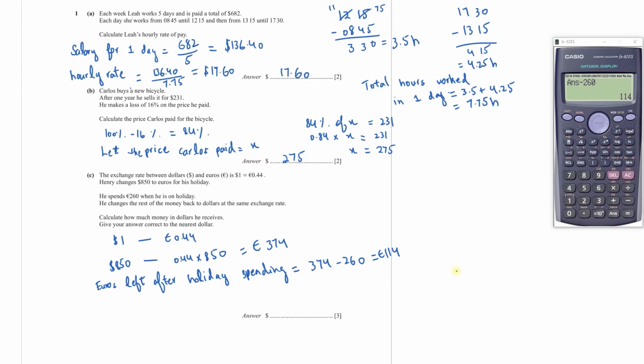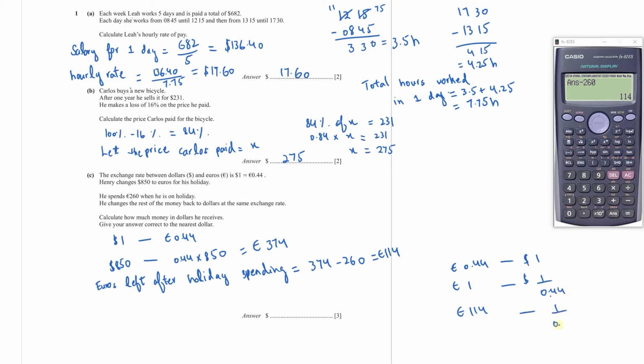So you have 0.44 euros equals $1. So how much will 1 euro give you? 1 euro will give you 1 divided by 0.44 dollars. And then you have to calculate how much you will get for 114 euros. So for 114 euros, you'll simply multiply this value with 114.